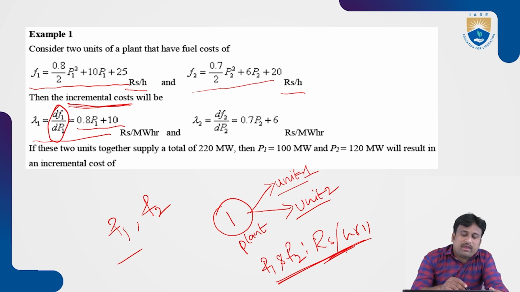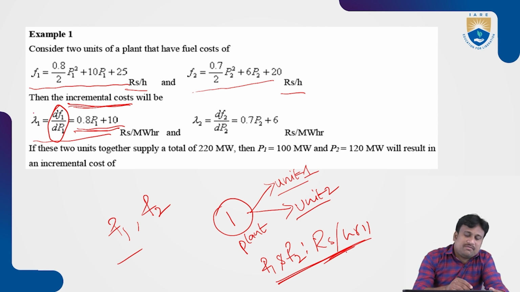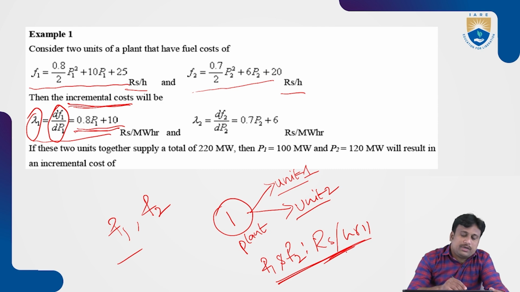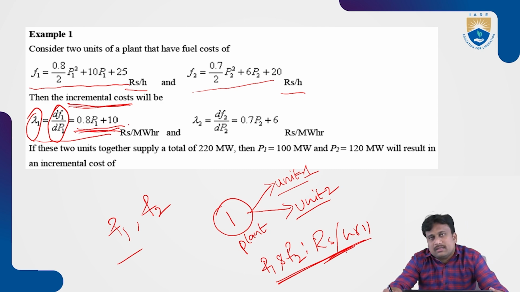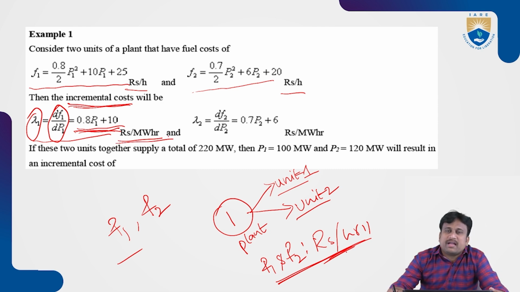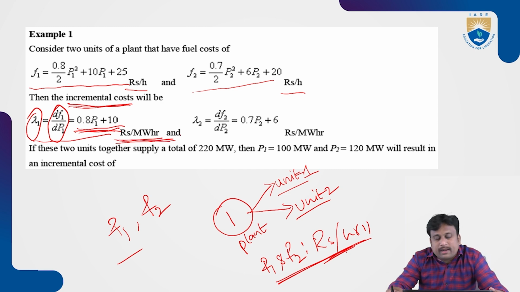Every value is considered here with the first unit parameters, multiplied with the power generated by the first unit. The units are considered in rupees per megawatt hour. Here, the first unit power generated is considered as an incremental cost in rupees per megawatt hour.